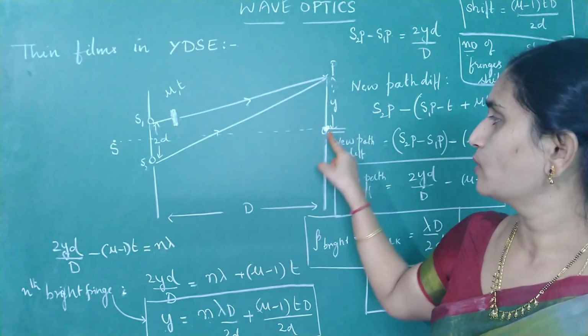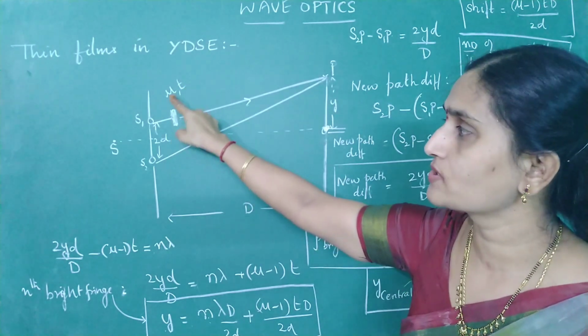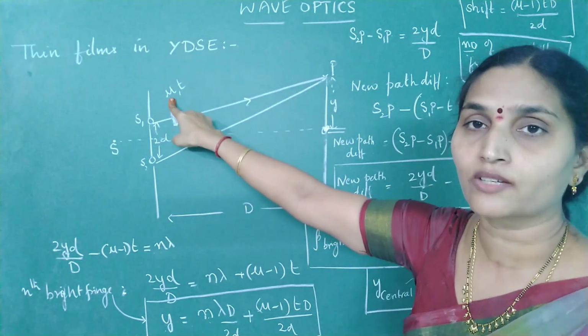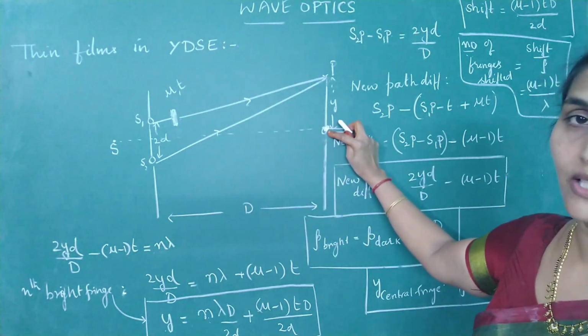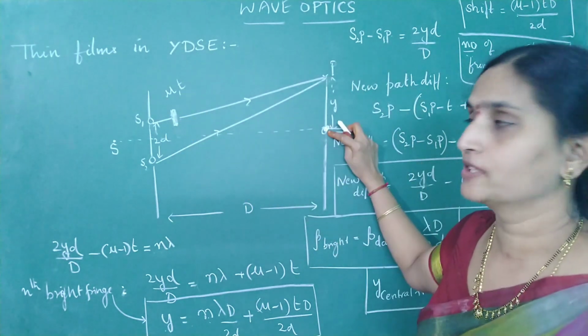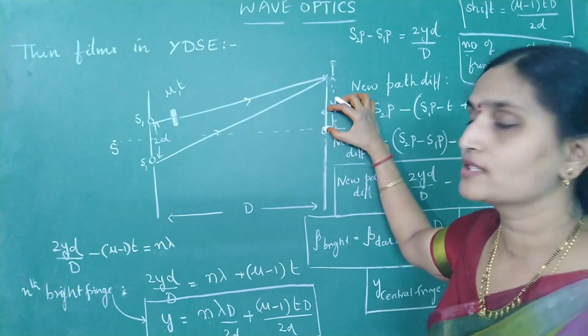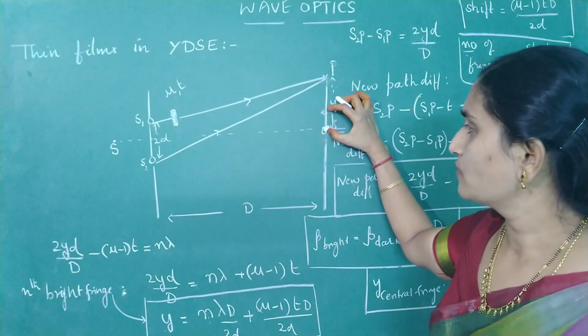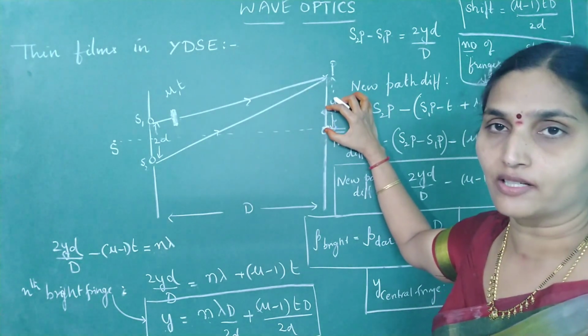So fix your micrometer on this. Introduce the thin film whose thickness is t and refractive index mu. We should know the refractive index of the material. Then there will be a shift in this central fringe; the white spot will shift upward. Calculate the new position by using a micrometer. If you know this distance, we have the shift in the central fringe.